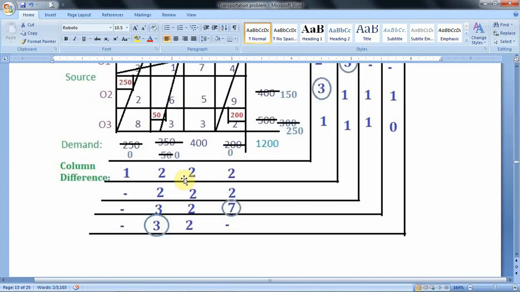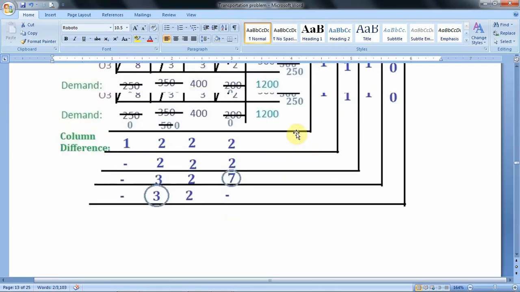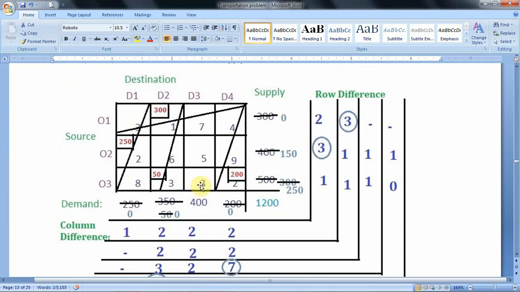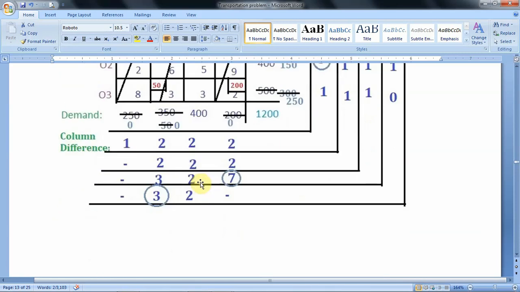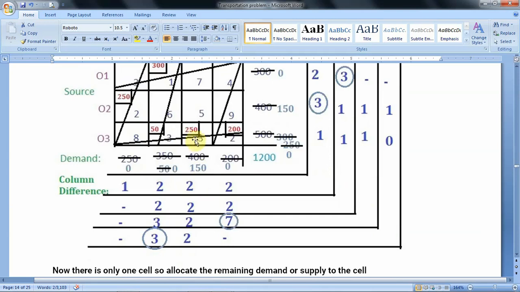So 0, 0, 0. Here also 0. Allocate these 150 units to this cell and 250 units to this O3 D3 cell. So that is the next table, and that is completed.